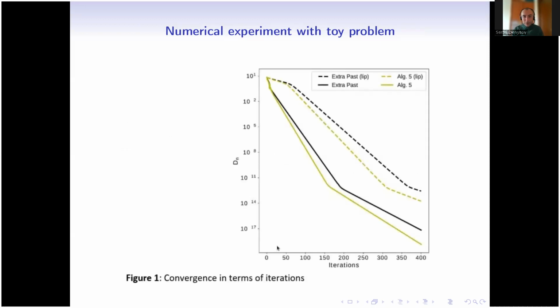Here is the same comparison in terms of iterations. Again, you see that all algorithms performed well on this test problem, and the adaptive version of algorithm 5 slightly outperforms the adaptive version of extrapolation from the past.